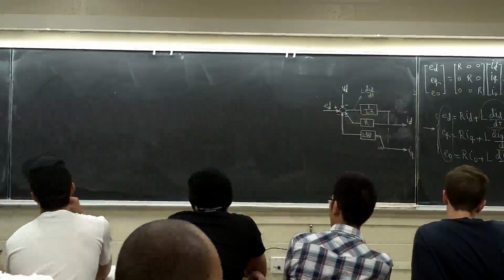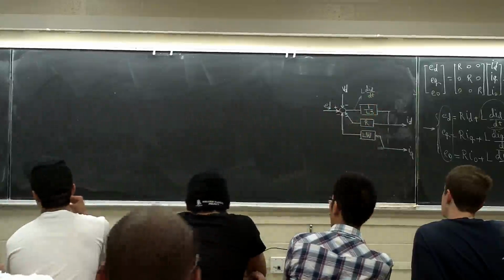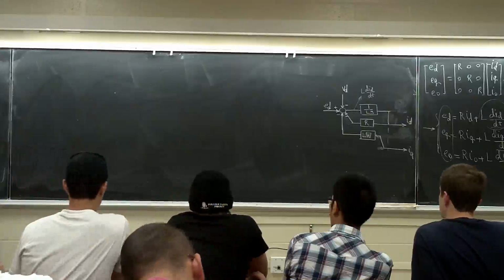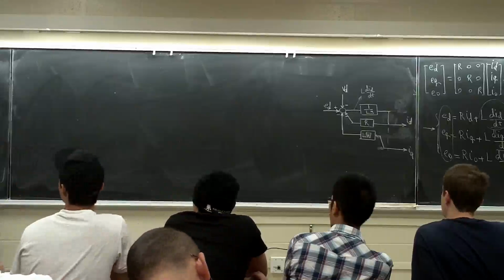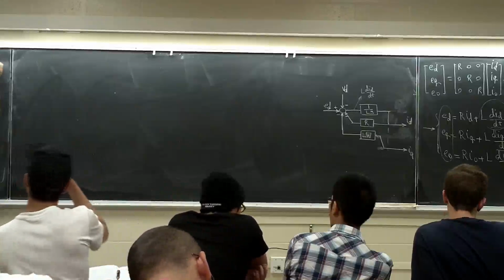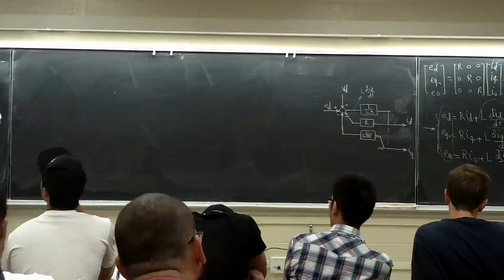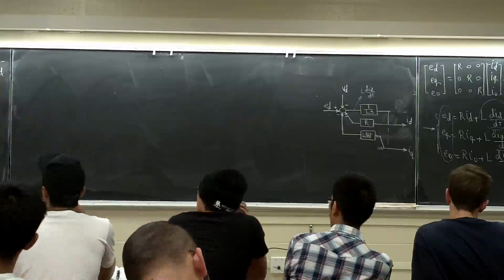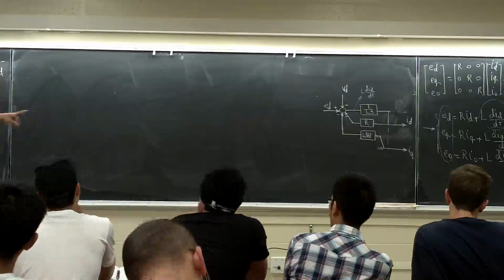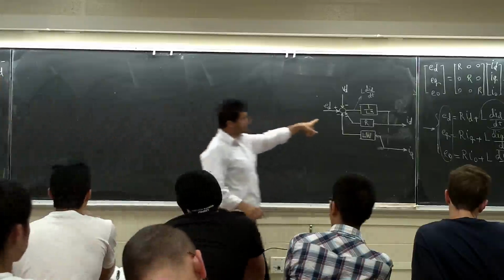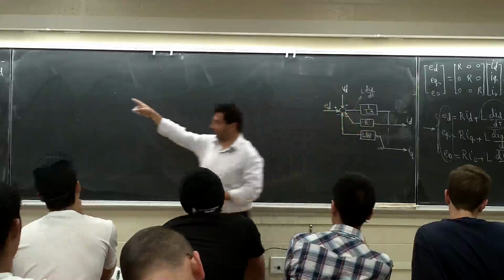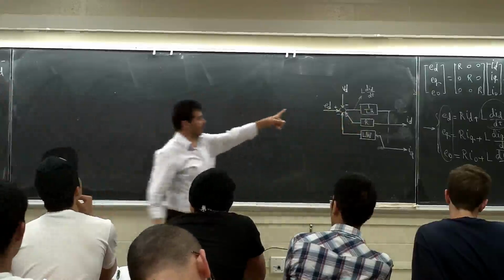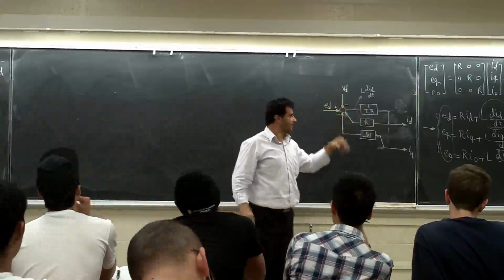The top one here is L dID over dt equals minus R ID minus L omega IQ minus VD plus ED. I wrote it this way because I want to put it in state space form. But look at this equation. This is exactly what I put here: ED, the last term, plus ED, minus VD.